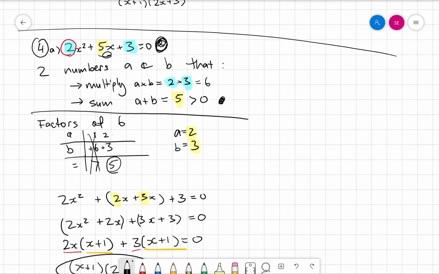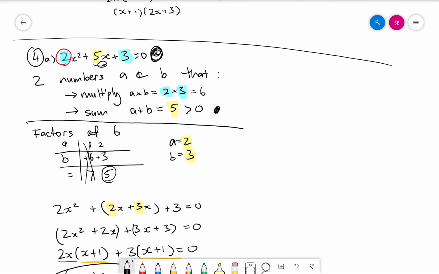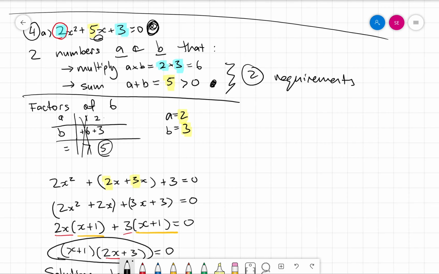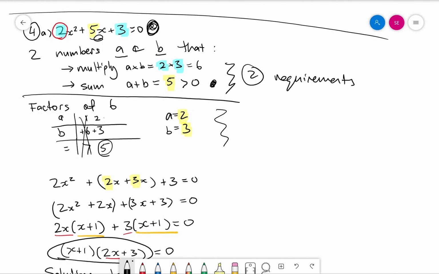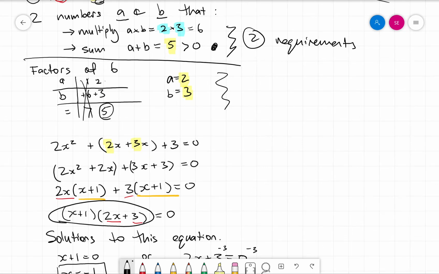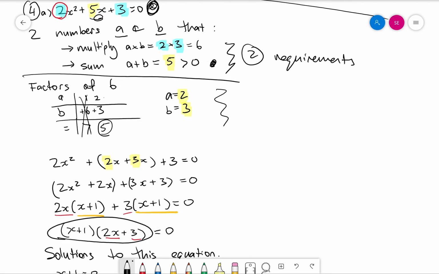Alright, just a quick recap of what we did. We found two numbers a and b that satisfied these two requirements. Once we've done that, using this process, or another process if you like, we split up this middle term, this 5x, into ax plus bx.